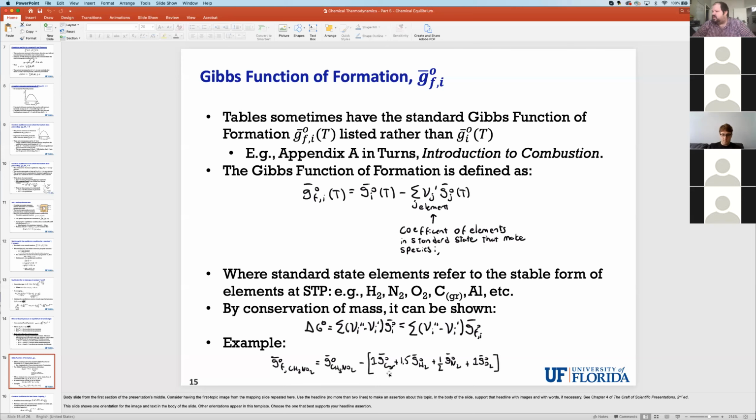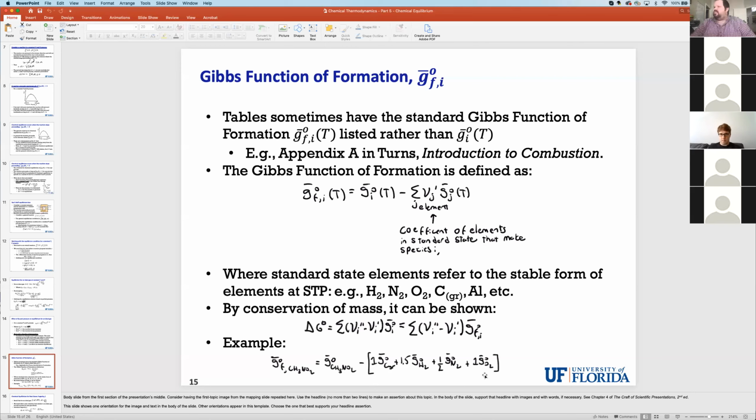And here we have 3 H atoms, and so that would form 1.5 H2 molecules. So we just subtract off enough H2 molecules to produce 3 H atoms. That's this here, and similar for nitrogen and similar for oxygen.